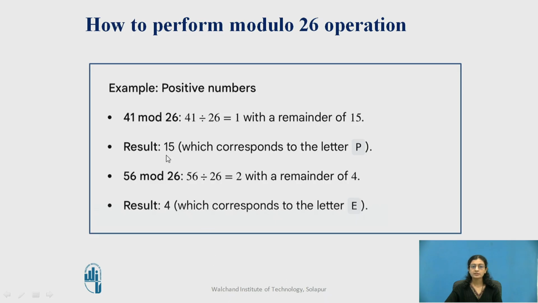So the result is 15, which corresponds to the letter P. Now if we have to do 56 mod 26, we divide 56 by 26. 2 is the quotient and the remainder is 4. So 4 is our result because we take the remainder into consideration. Now 4 corresponds to the letter E in the number mapping.